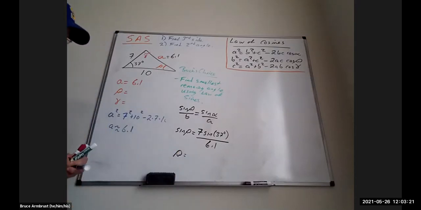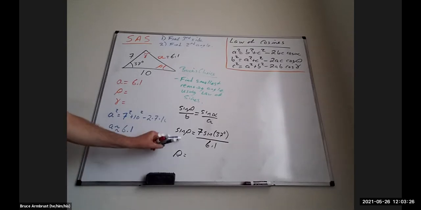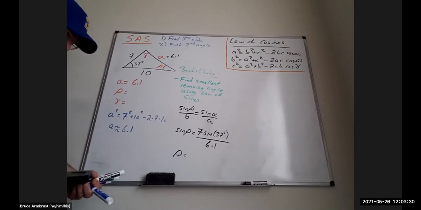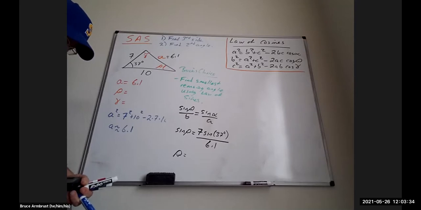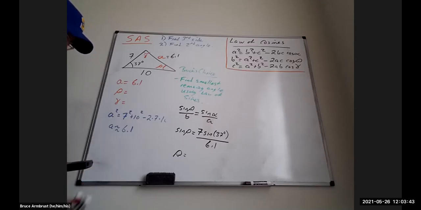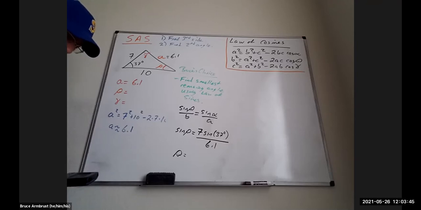So I'm going to jump to my calculator. I'm going to do inverse sine. All right, that's how you get from sine of beta to beta. So I'm going to do inverse sine of all that garbage. So I get inverse sine of 7 sine of 37 divided by that 6.098 blah blah blah. Right, 6.1.